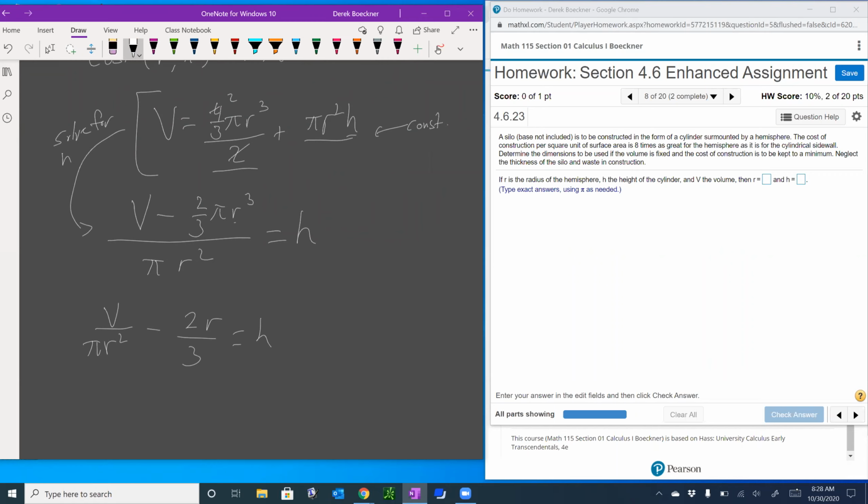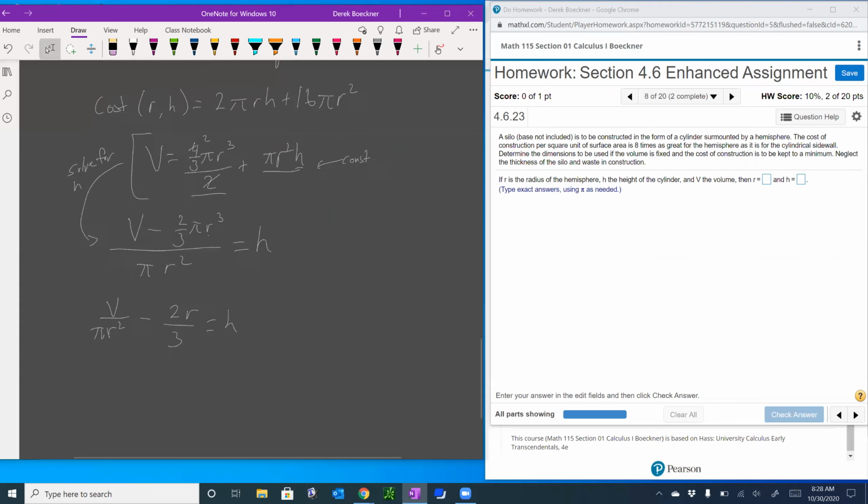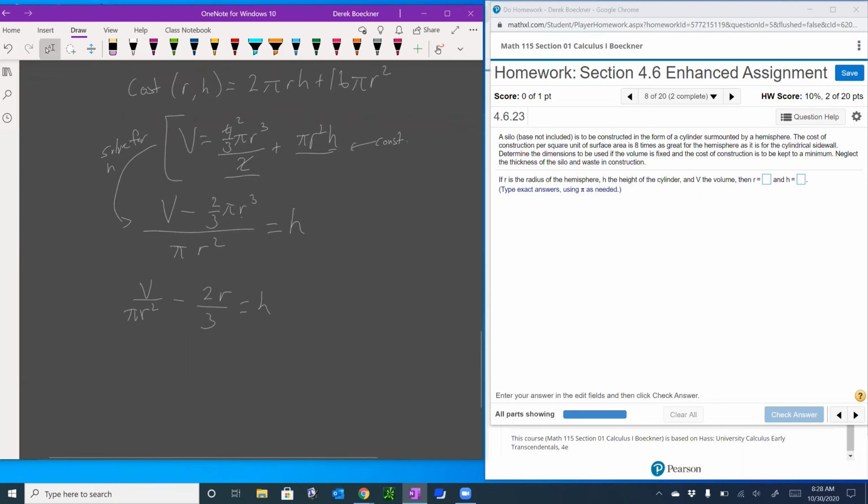Okay, and so we want to minimize our cost function. So let's find our cost function, plug h in here. So the cost function in terms of r, it's going to be 2 pi r times h plus 16 pi r squared.